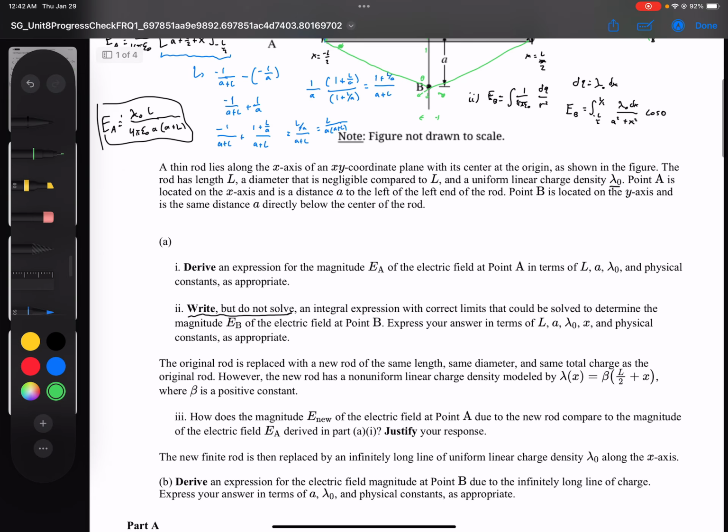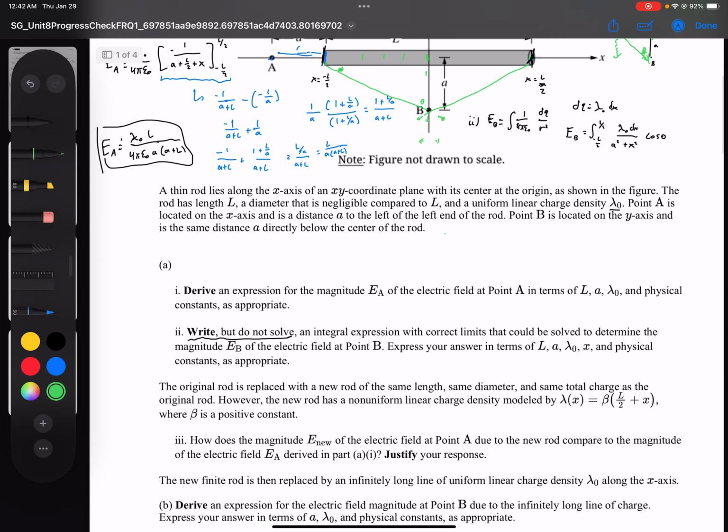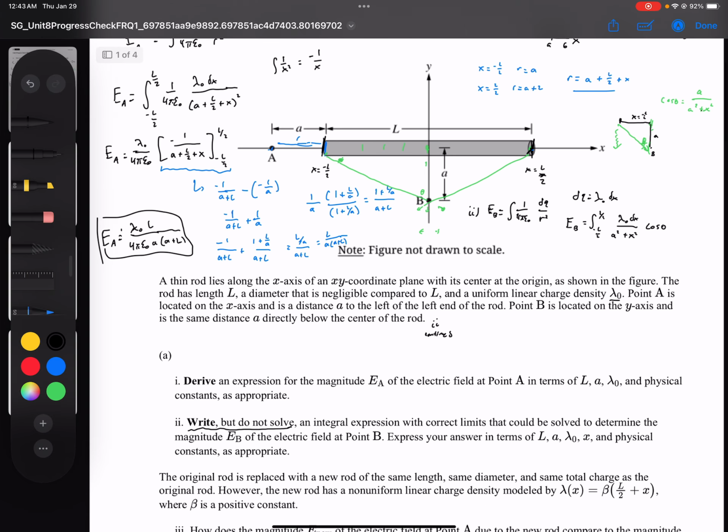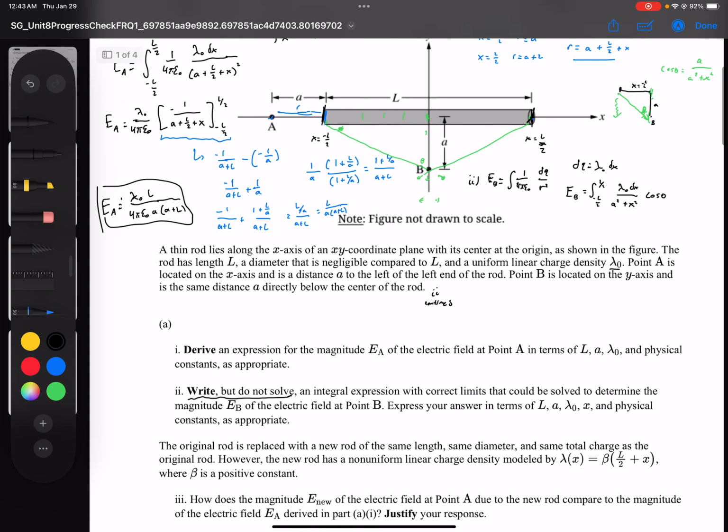I'm kind of running low on space here, so I'm going to move on to this little section here. So this is part 2 continued. Now at this point, I'm going to replace that cosine theta with this expression, a over the square root of a squared plus x squared.